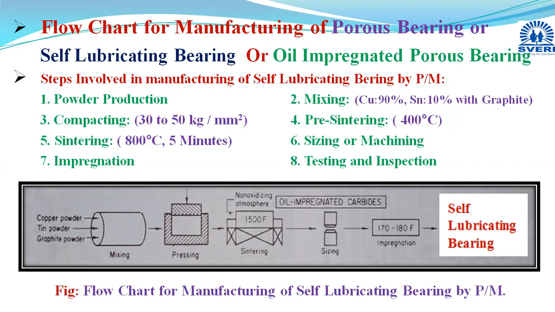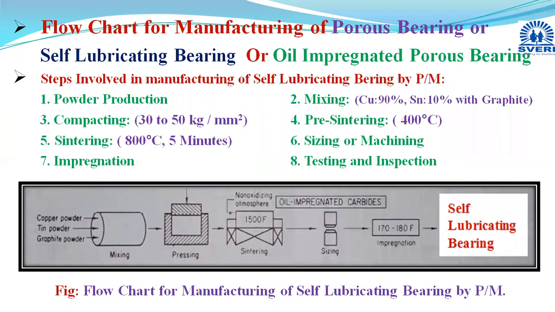Then mixing or blending, done to obtain a uniform and homogeneous mixture of different powders. Third is compacting or pressing, done in three steps: filling, pressing, and ejection. At the end, we get the green compact.